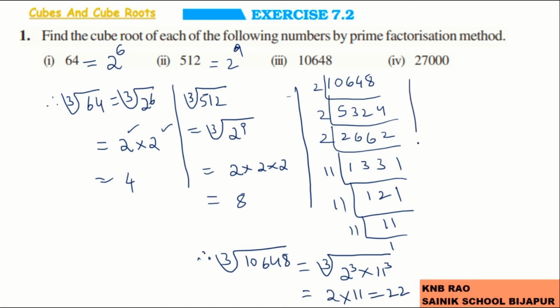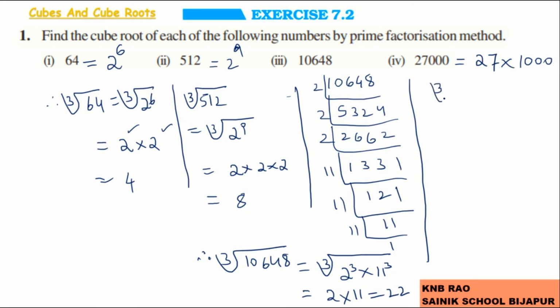So 22 is the cube root of 10,648. Then coming to the next number, we can do it in 2 ways. Similarly, finding the prime factorization of 27,000 and finding at the end the cube root of it. Another method is this way. So we can write 27,000 as 27 into 1000, where both are perfect cubes.